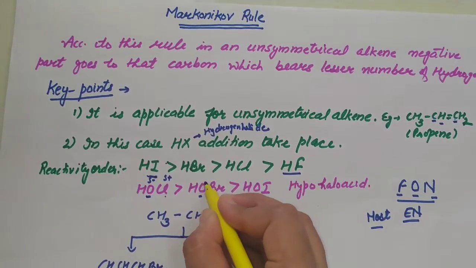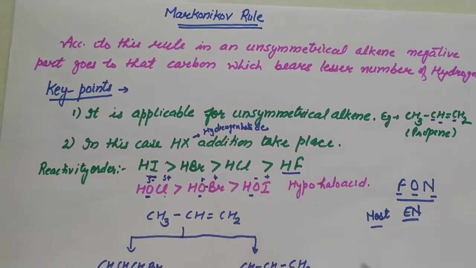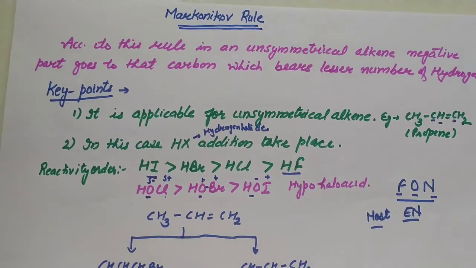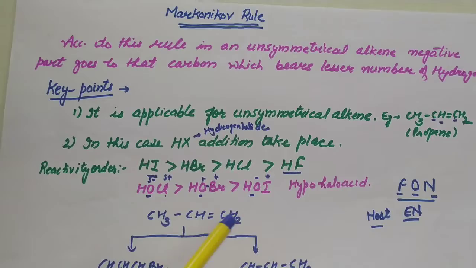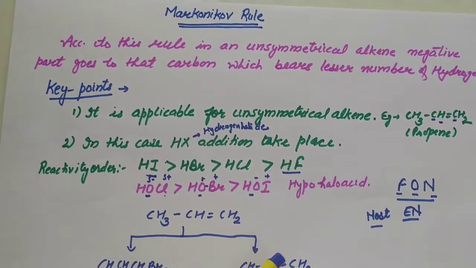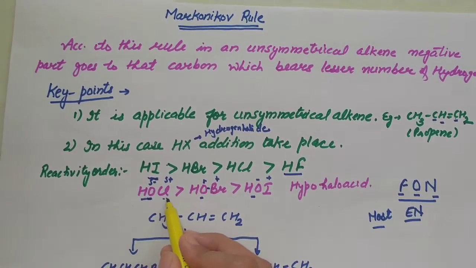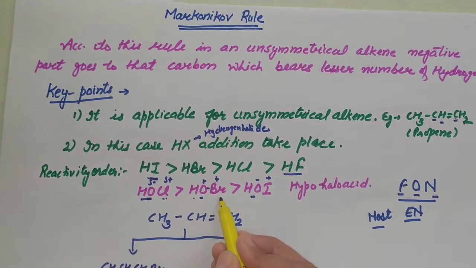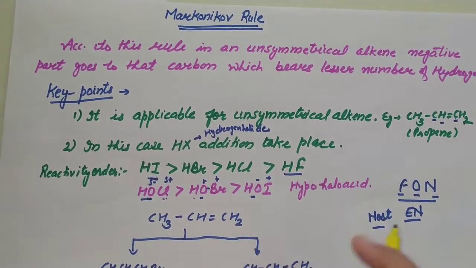Similarly, in this case this is negative and this one is positive. And we know that chlorine is more reactive than bromine than iodine. So the reactivity order is HOCl, then HOBr, followed by HOI in the case of hypohalous acids. In this case, the negative part is OH minus and Cl plus is positive. Similarly, OH minus is negative, Br plus is positive, OH minus and I plus is positive.